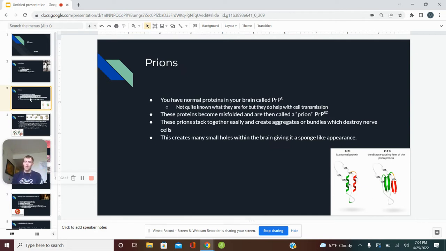But there hasn't been a lot of good evidence of these things happening. And what happens is these prions become misfolded and become a PrPSc. That's the standard notation for it whenever we're talking about spongiform encephalopathy. Sc means scrapie, which we'll get into in a little bit. And what happens is these prions stack together really easily, and they end up destroying the cells.